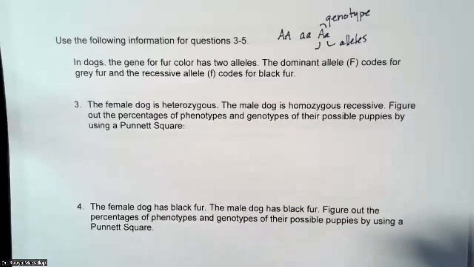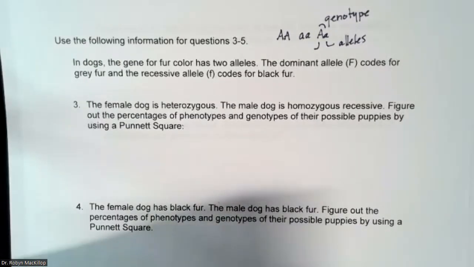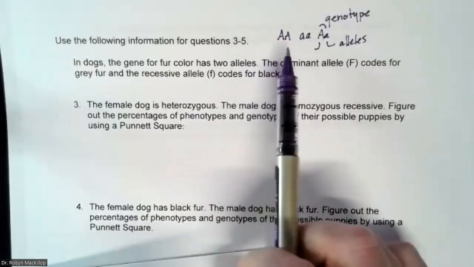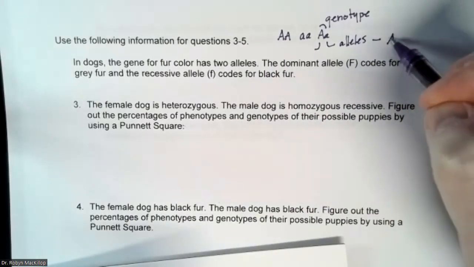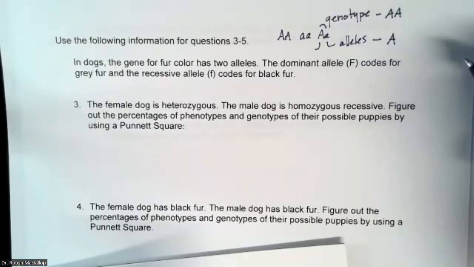It's a lot of terminology, but again, you don't have to define anything. So allele would be the individual A, whereas the genotype is the two together.